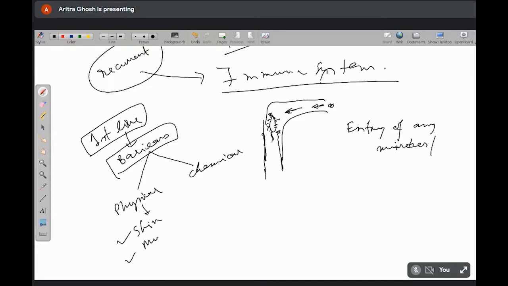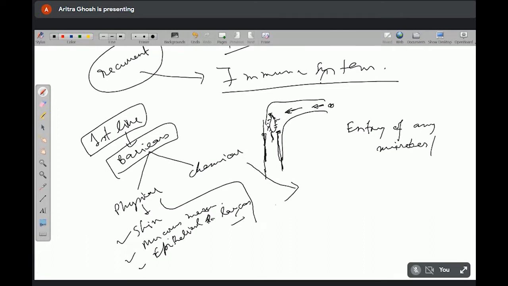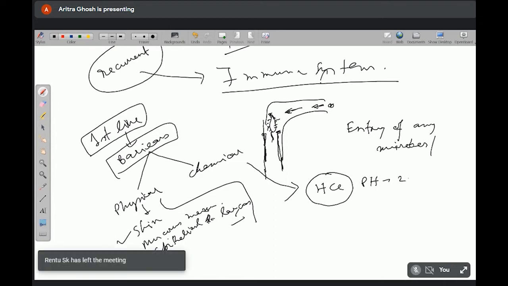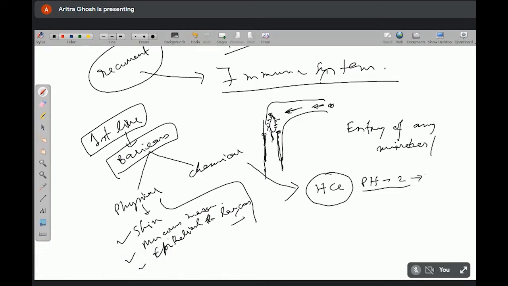Whatever it may be, if this first line system fails, suppose these systems are failing, now what will happen? Remember always, we have 3 defense layers. The first layer is already told, that is the barrier. Now the second layer is innate immunity, and another is adaptive immunity.